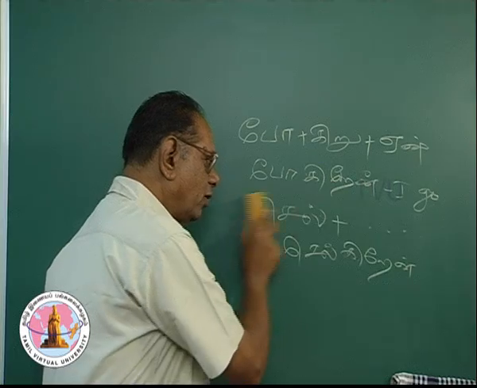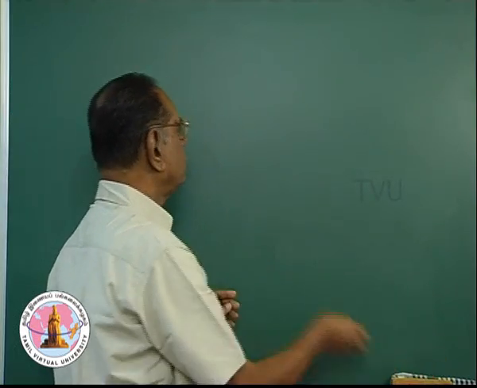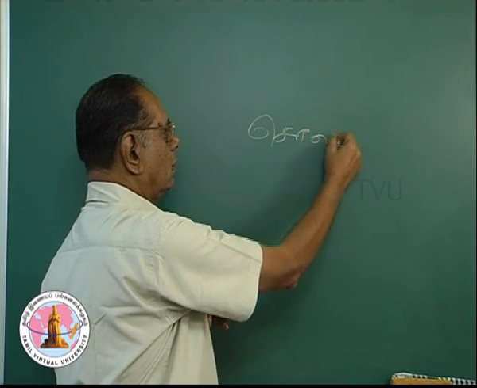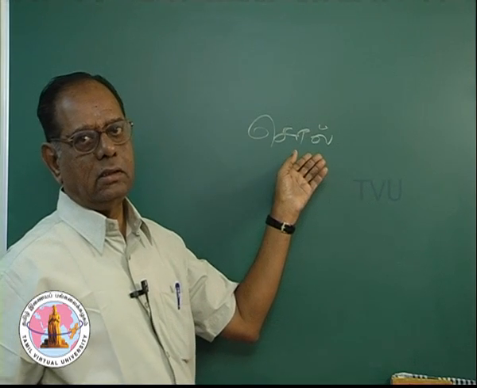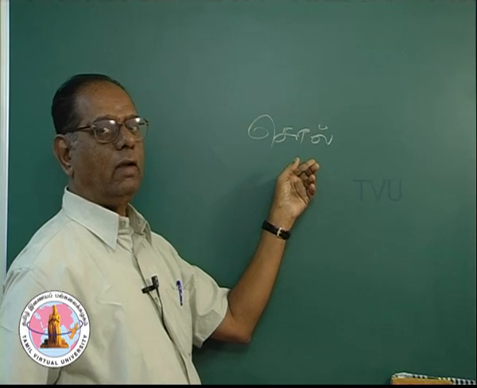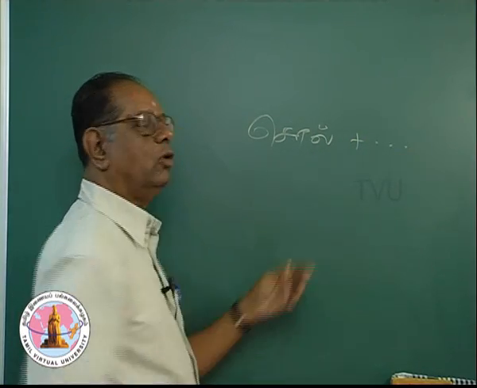Let us have a few more verbs. What is this? You saw sel and this is sol. Sol, solgirain.